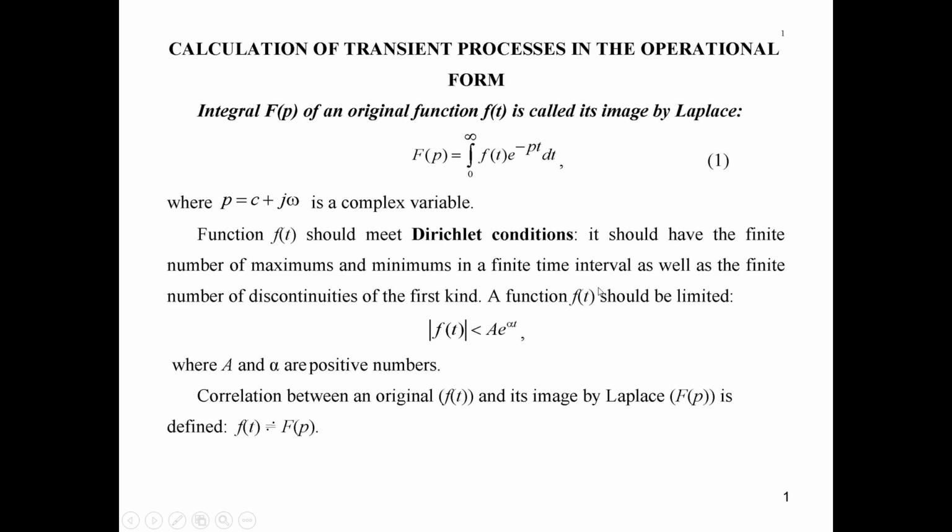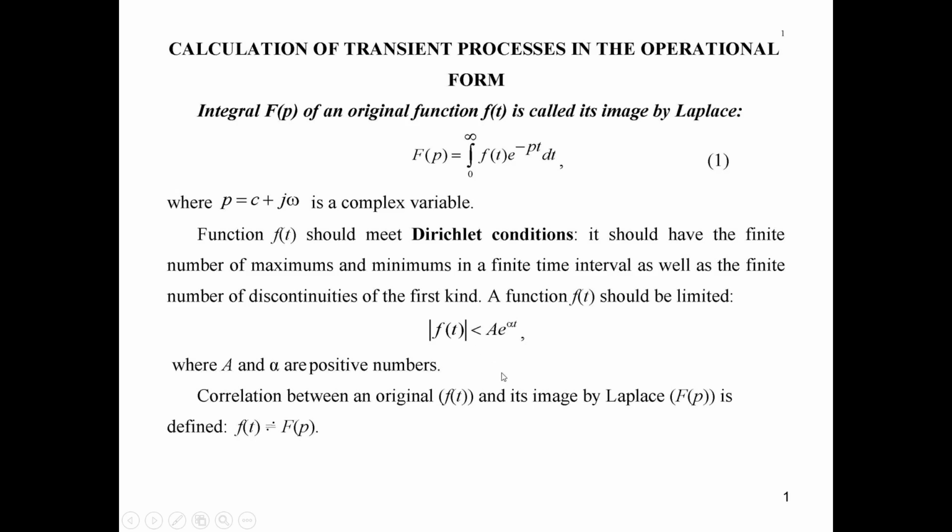This is all from mathematics. It's the definition of the possibility of application of such an operation to some function. And the function f from t should be limited, where a and alpha are positive numbers.